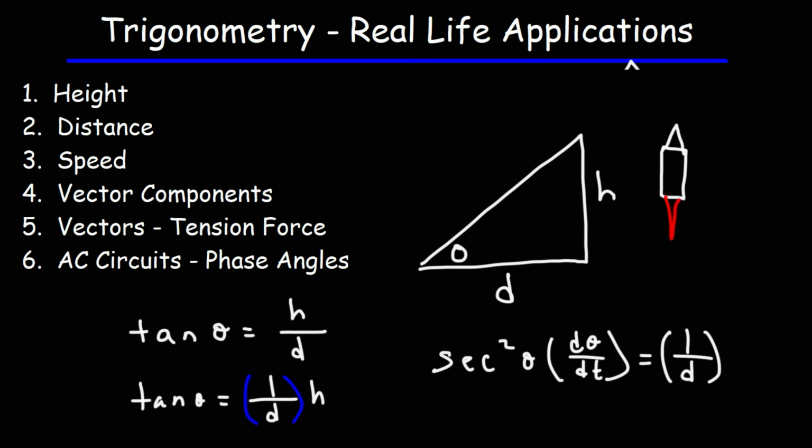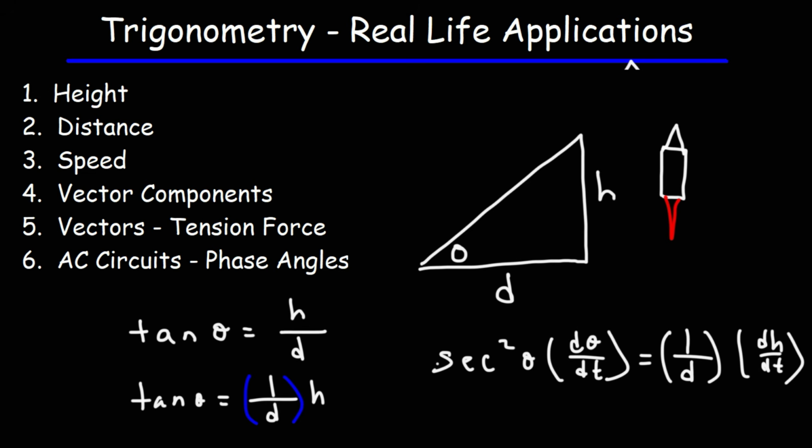The derivative of h is 1 times dh dt. d theta dt, that's the rate at which the angle is changing, which can be measured. dh dt, that's the rate at which the height is changing. That's the instantaneous speed of the rocket as it moves upward.